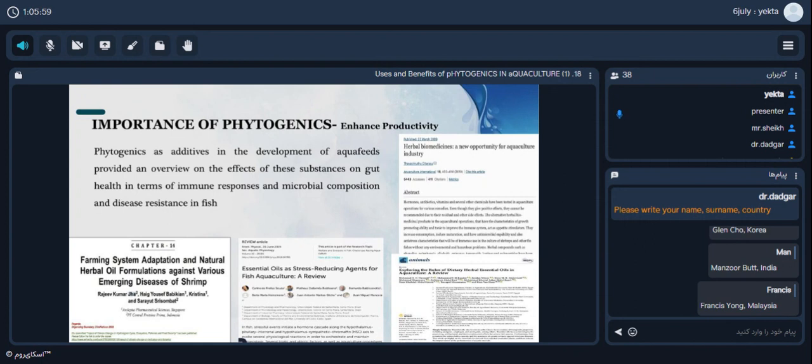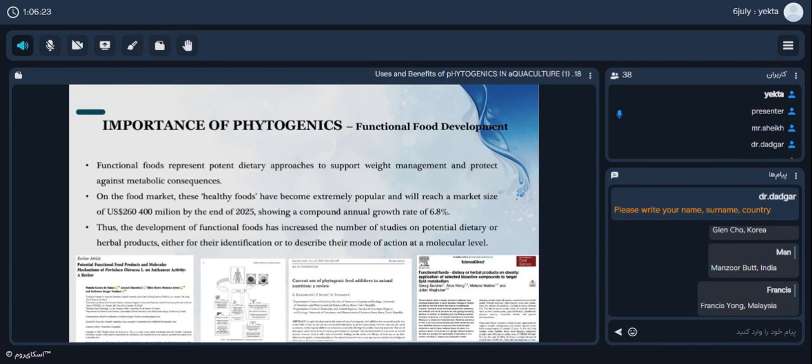What we see is that when we apply these natural components, they have a holistic effect. What is our aim in farming? Our aim is to get better quality and better harvest, productivity. And that's what we are getting when we use phytogenics, so it helps in enhancing productivity.